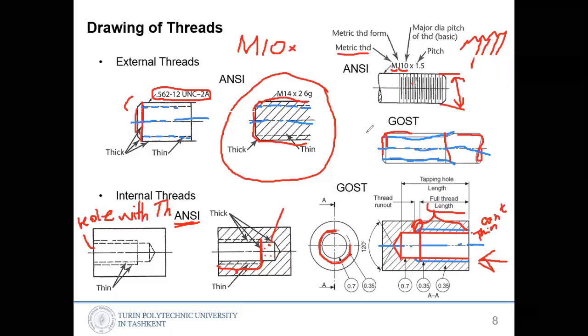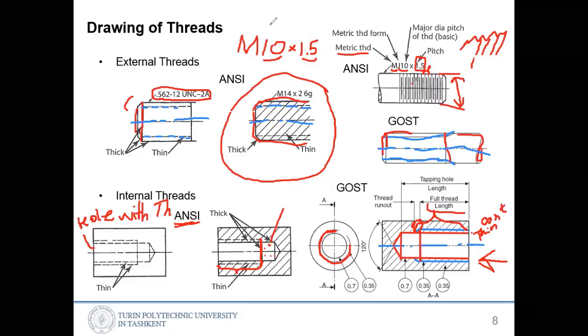The pitch is, as I told you, the small distance between the crests, between the tips. The pitch is 1.5 millimeters, everything in millimeters in the metric system. So the diameter is 10 and the pitch is 1.5.